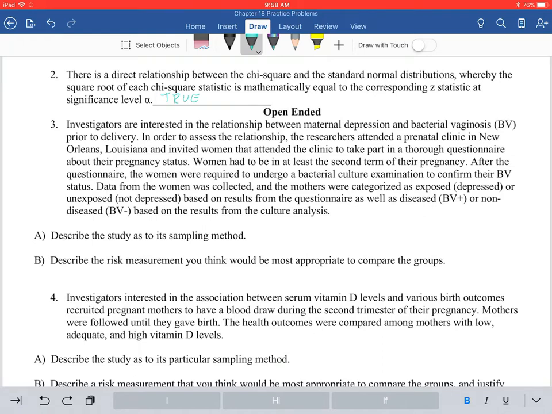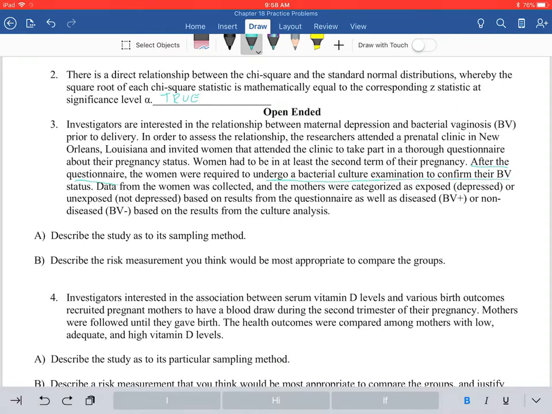Women had to be in at least the second trimester of their pregnancy, and after the questionnaire, the women were required to undergo bacterial culture examinations to confirm their BV status. Data from the women was collected, and the mothers were categorized as exposed, depressed, or unexposed, not depressed, based on the results from the questionnaire, as well as diseased, BV positive, or non-diseased, BV negative, based on the results from the culture analysis. So the first question is: describe the study according to its sampling method.